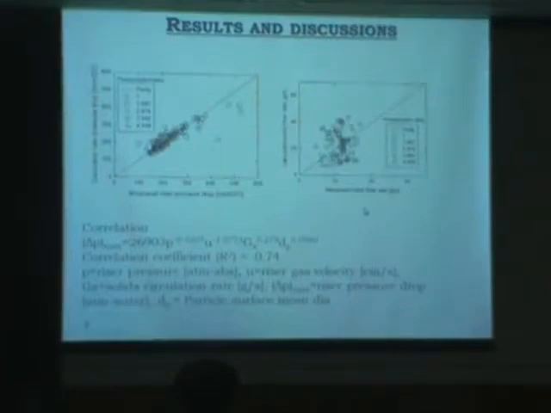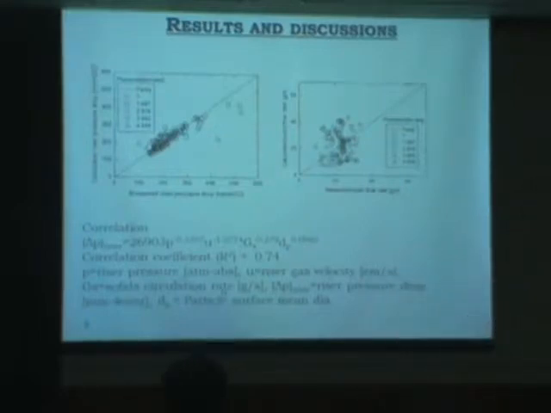Then, by considering all the data, we calculated riser pressure drop, and the riser pressure drop was offered as a function of pressure, velocity, and solid circulation rate. You can see that the calculated riser pressure drop and the measured riser pressure drop fit our data very well, but there is some discrepancy in the calculated solid flow rate.